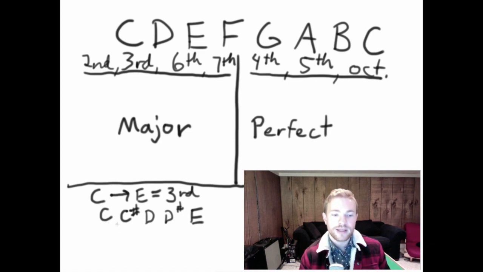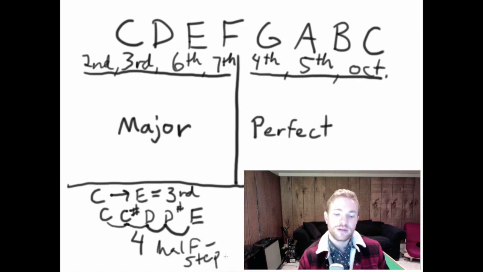So how many chromatic steps did it take to get there? Well, 1, 2, 3, 4. So that's 4 chromatic steps, or more properly put, 4 half steps, right?